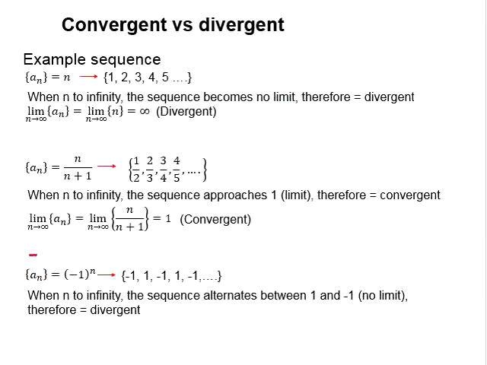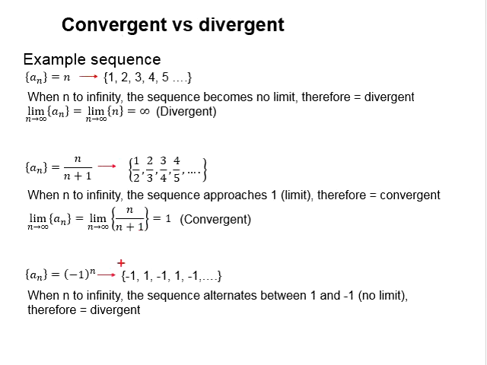This is another example of a sequence. The formula is -1 to the power of n. With the increasing number of n, n will change from an odd number to an even number and then an odd number again. Raising -1 to an odd number will give you -1, while an even number will give you +1.